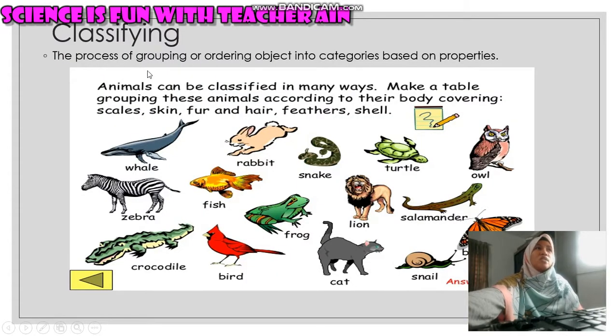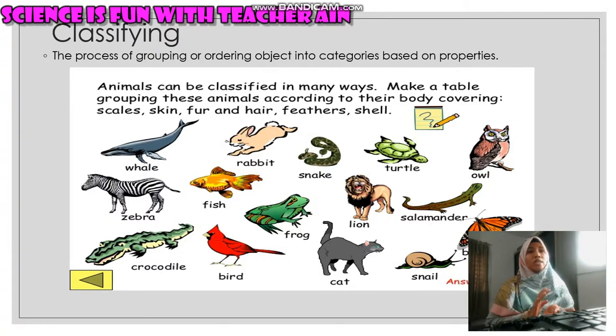So what is actually classify? We have many things with different numbers, different properties. Classify helps us to categorize. It is a process of grouping or ordering objects into categories based on properties. For example, here I have a picture of animals.